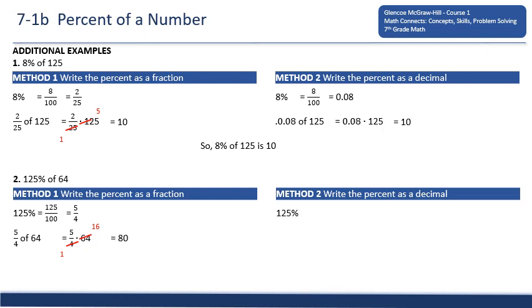And then write as a decimal, 125% is 125 over 100. If we divide 125 by 100, we get 1.25. 1.25 times 64 equals 80. So 125% of 64 is 80.